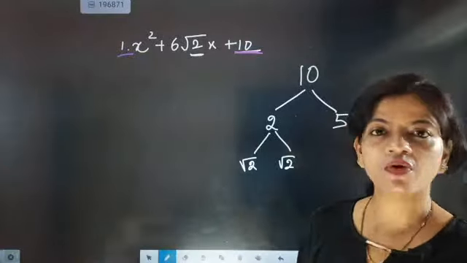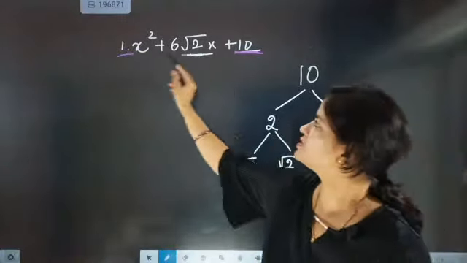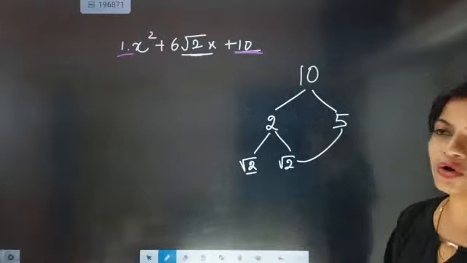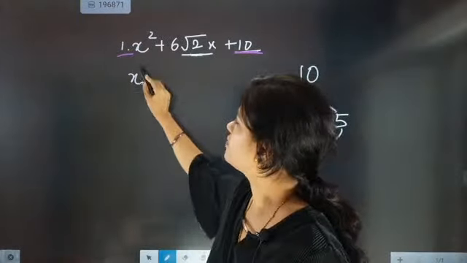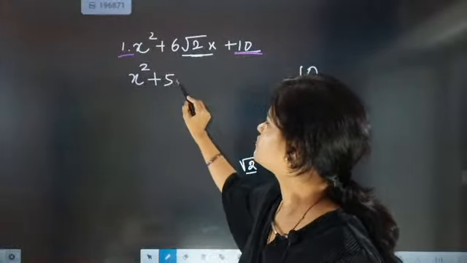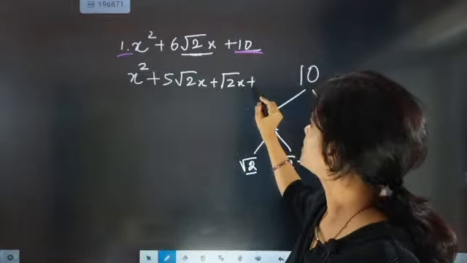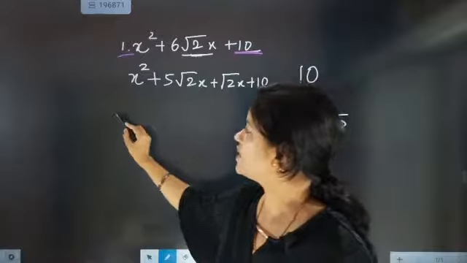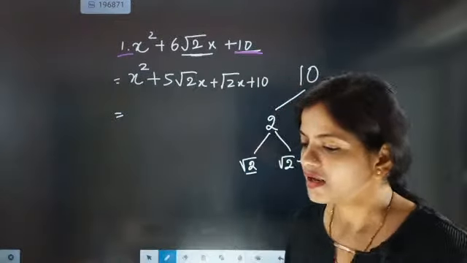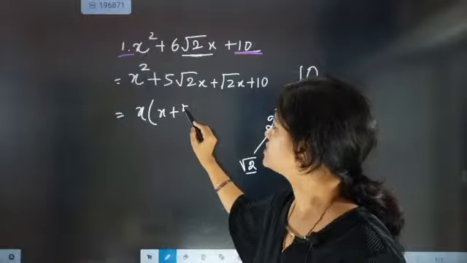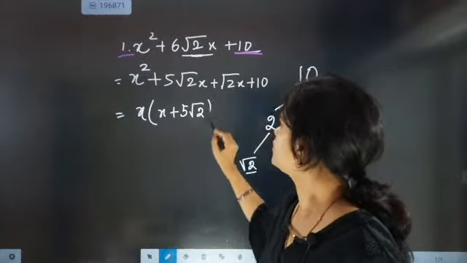So the same thing we are going to do, but here we have to bring 6 root 2. So one time 5 root 2 and one time only root 2. So here it will become x square plus 5 root 2x plus root 2x plus 10. Now take x common, it will become x plus 5 root 2.